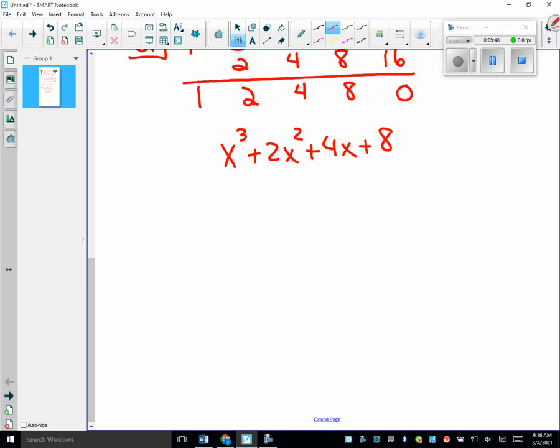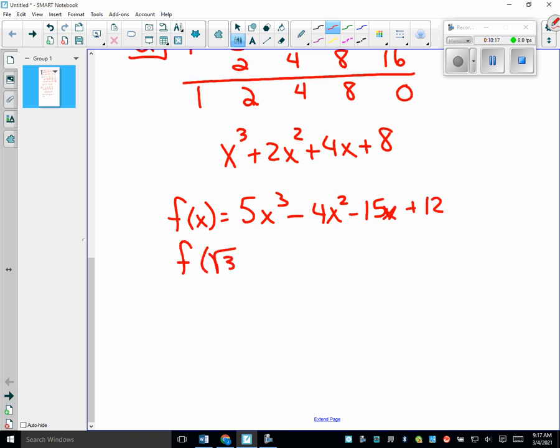So this time, f of x is 5x cubed minus 4x squared minus 15x plus 12. And I want f of radical 3.